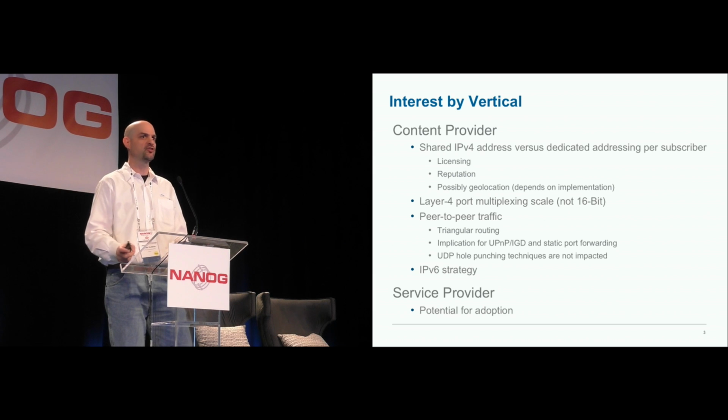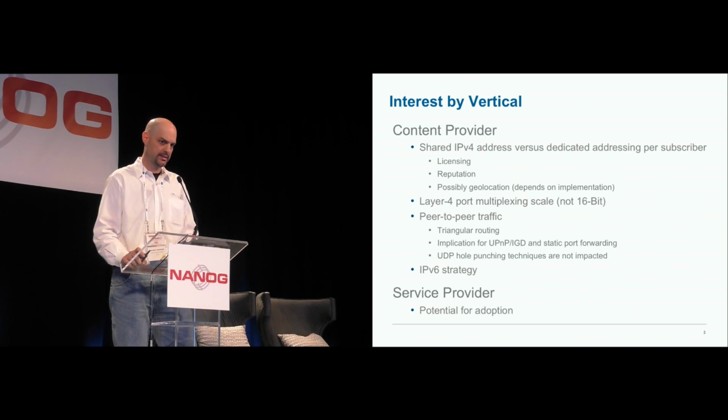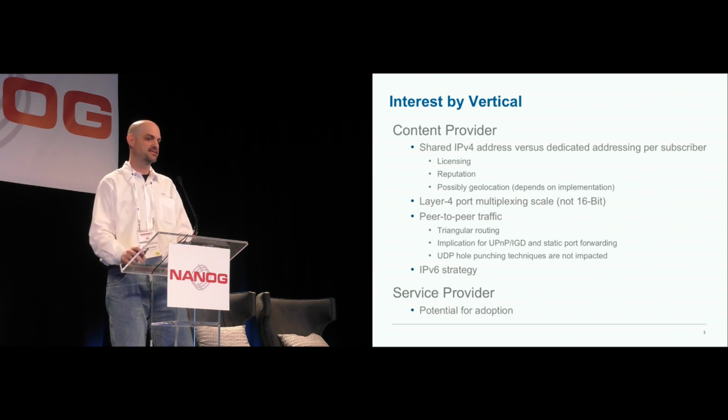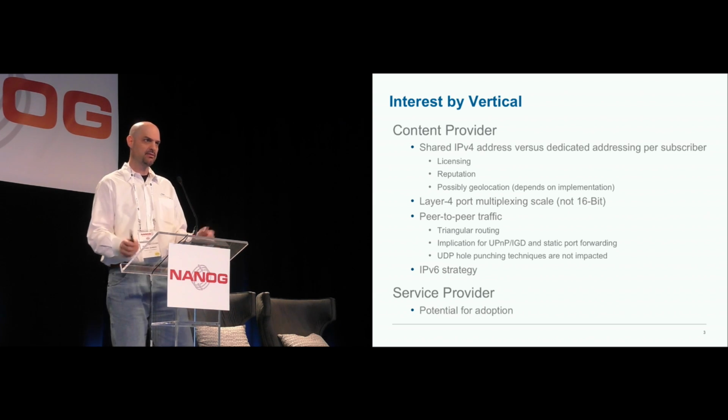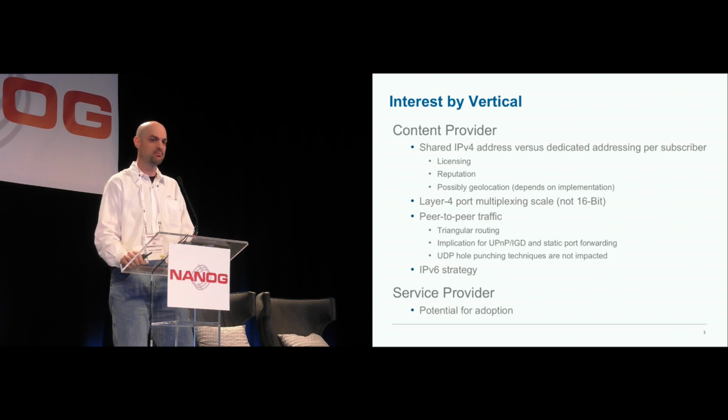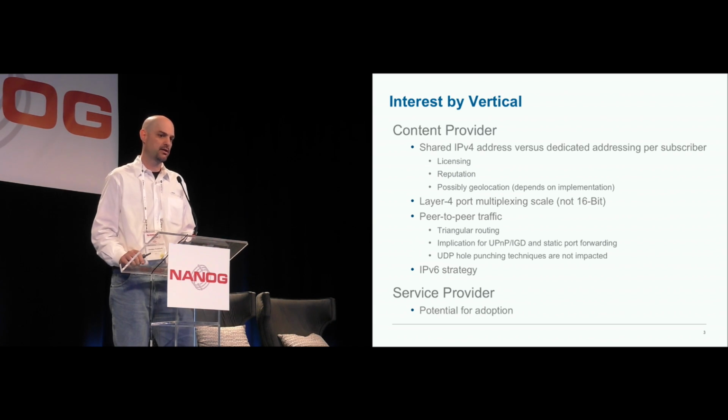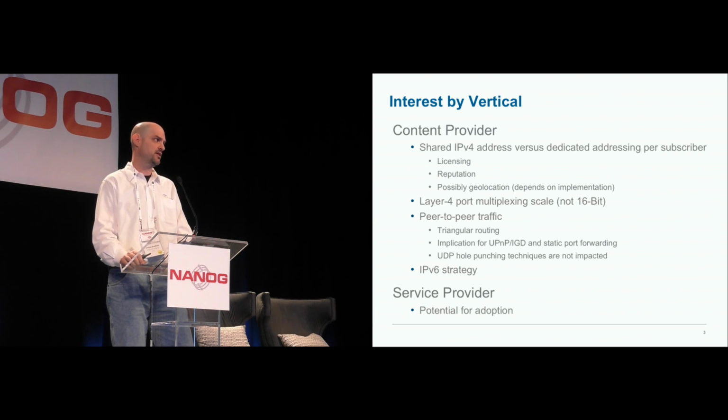If you're doing reputation by IPv4 address, that's going to be an issue for you as well. Geolocation, possibly. This is going to depend on implementation. As I mentioned before, subscribers are going to be assigned a specific set of unique ports, so you don't have the scale of 16 bits worth of multiplexing. So that is going to be reduced, and that is going to be a consideration as well.